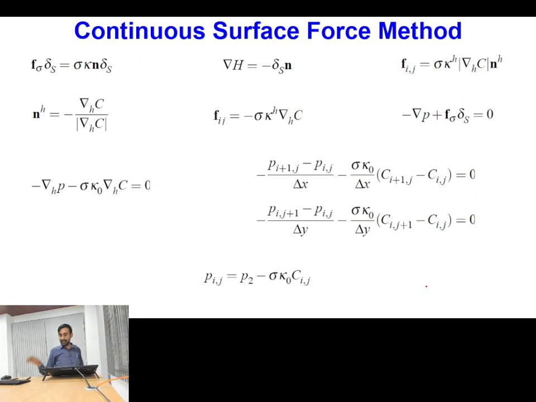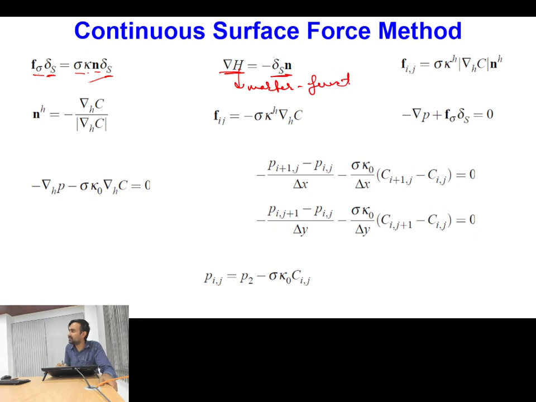Now comes the last thing we are left with, the discretization of the surface tension term. We know that the surface tension force F sigma delta S can be written in terms of sigma, curvature, N into delta S. We also know that this delta S function, which is a function activating only at the interface, can be written in terms of the gradient of the marker function.